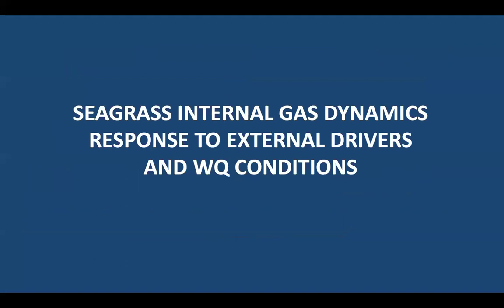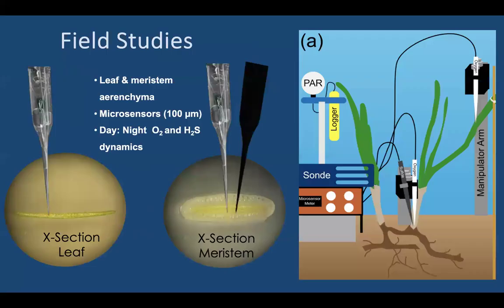But due to the complex structure of seagrass meadows, we wanted to examine some of these internal gas dynamics of oxygen and hydrogen sulfide in the field, and how these dynamics corresponded to different environmental conditions. So we used the oxygen microsensors in the leaf, and you can see this is the leaf cross section with the microsensor in it. So we're looking at the parenchyma dynamics in the leaf, and also in the meristem.